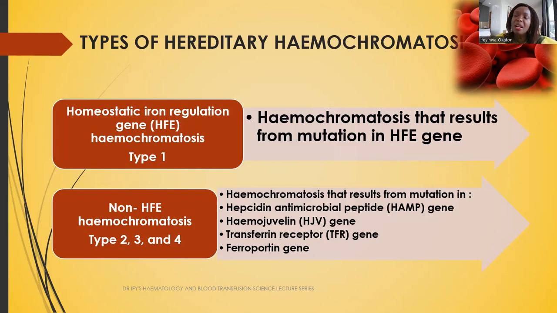We have another group of hemochromatosis that is called non-HFE hemochromatosis. Type 2, type 3, and type 4 hemochromatosis are under this subgroup, and it occurs as a result of mutation in the HAMP gene, that is hepcidin antimicrobial peptide gene, the hemojuvelin gene, the transferrin receptor gene, and the ferroportin gene.